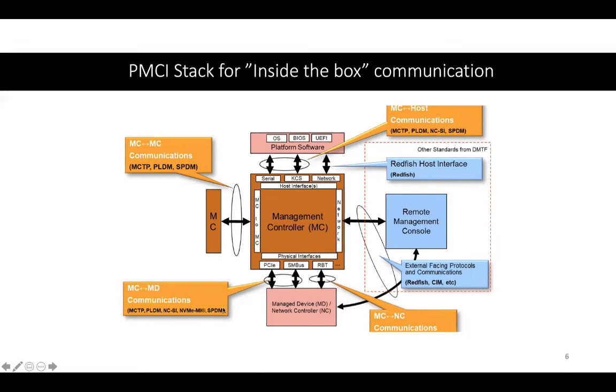MCTP, which is the transport layer protocol, can also run on top of these physical interfaces, and then the management controller can talk PLDM over MCTP to talk to these devices.